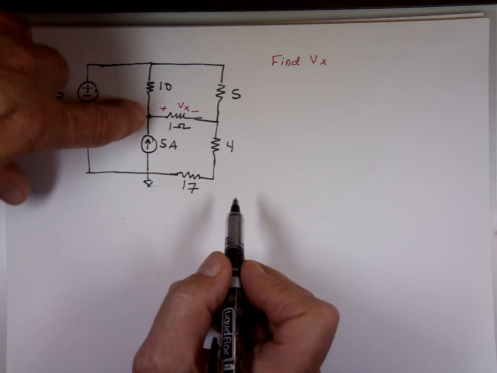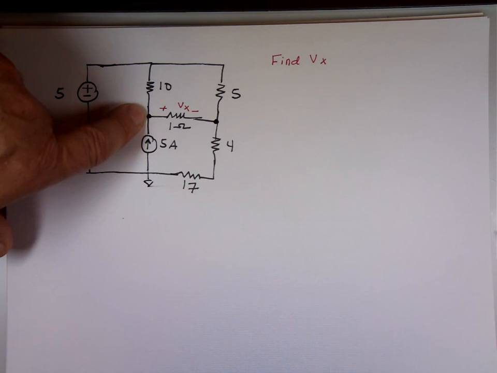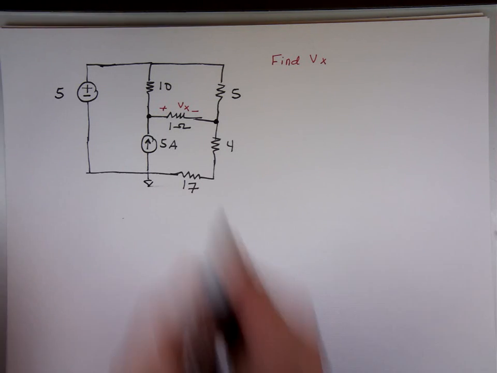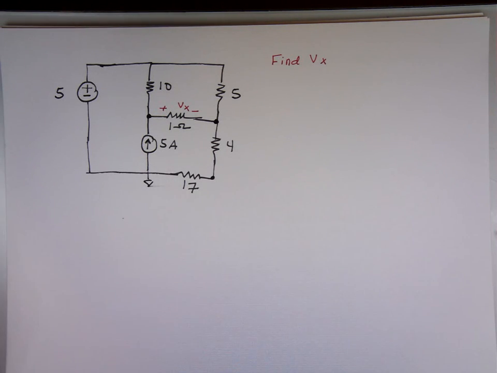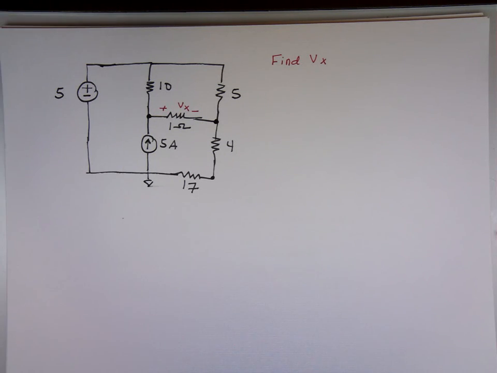Do we know that voltage? No, that's 2. There's a node here. Do we know that voltage there? No, that's 3. So if you were to solve this problem with nodal analysis, how many equations by how many unknowns are you going to have? 3 equations by 3 unknowns. Node 1, node 2, node 3.